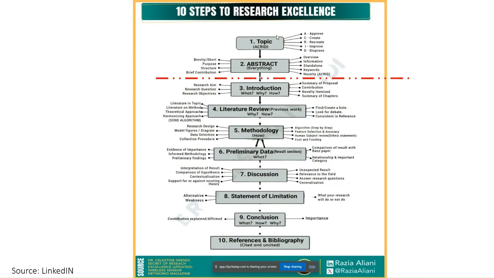They say you have to choose a topic based on the ACRID principle, that is approve, create, recreate, improve or disapprove. Usually we take something called a null hypothesis, that is, it is not proved or disapproved. For example, walking 10,000 steps a day is helpful. That is a null hypothesis. We don't know. We have to perform some experiments, gather data, and then approve or disapprove it.